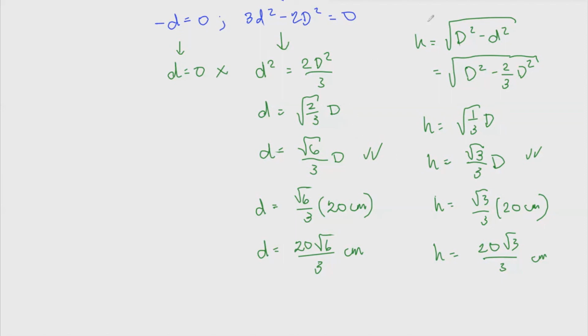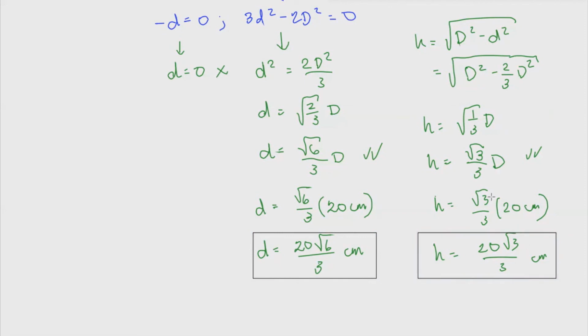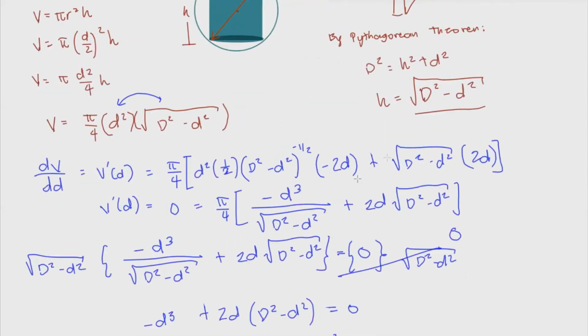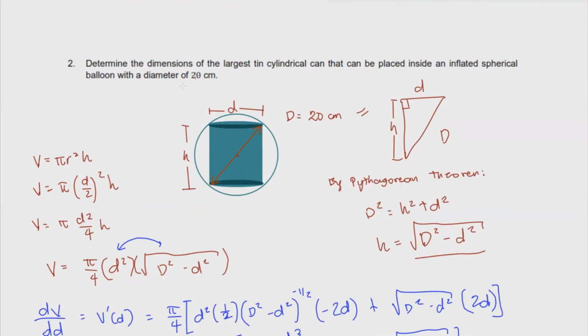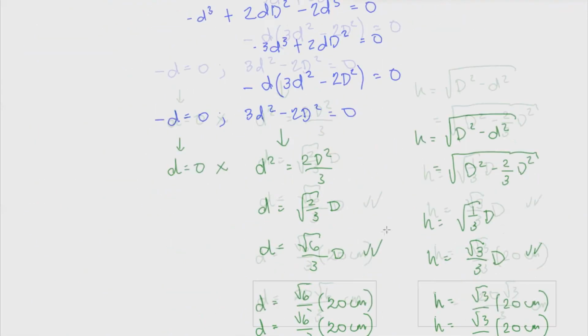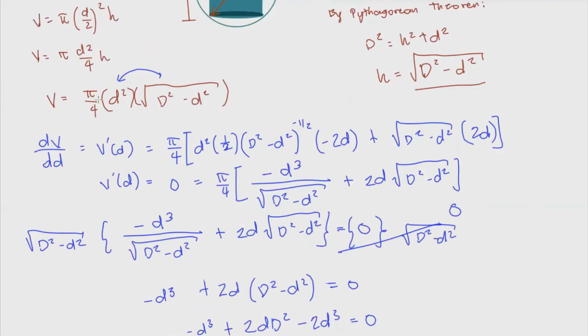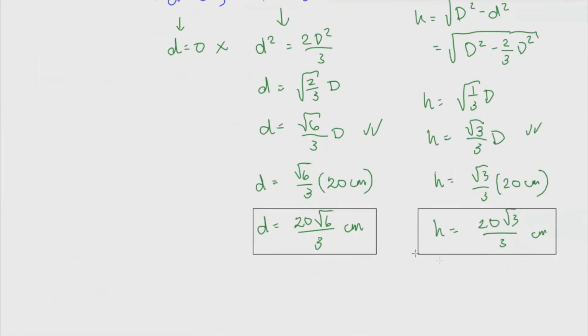Okay, so these are the answers for this problem. So you already have the dimension of the cylinder that we need. If you're asked to find the volume of the cylinder, you just have to apply the formula for the volume of the cylinder, and then you'll be able to get the answer.